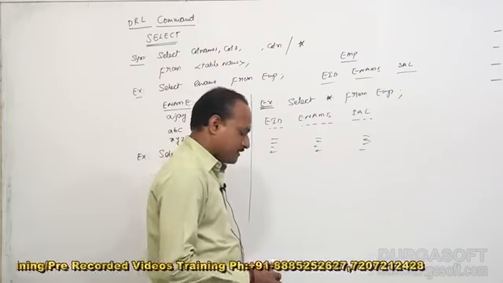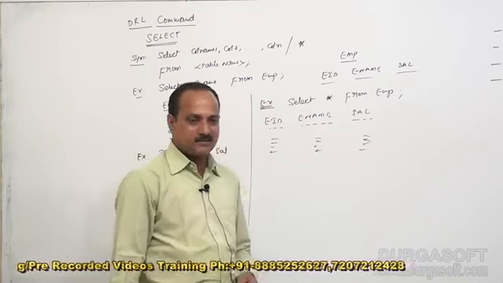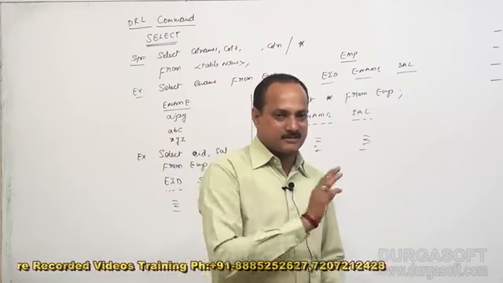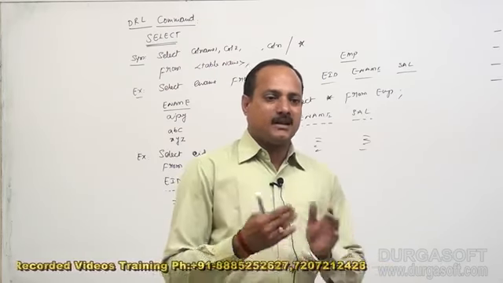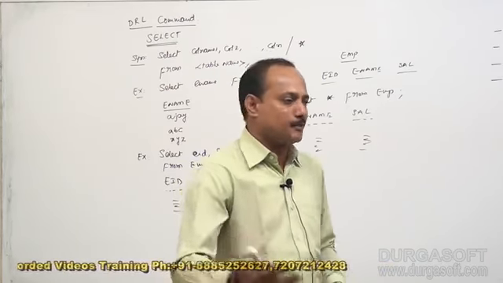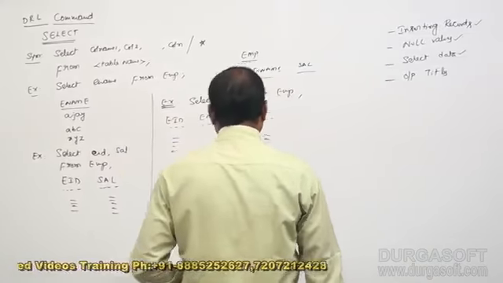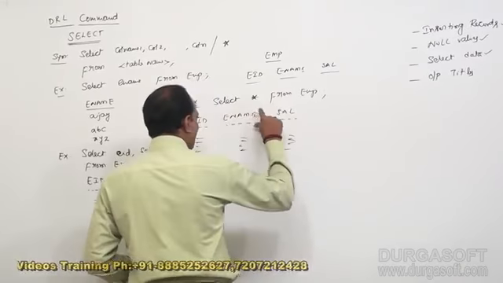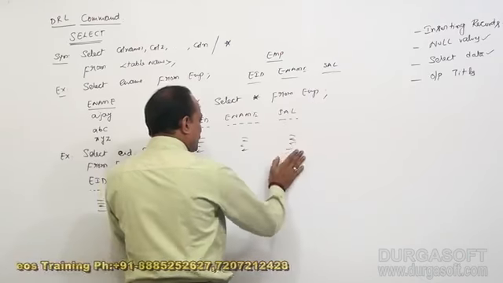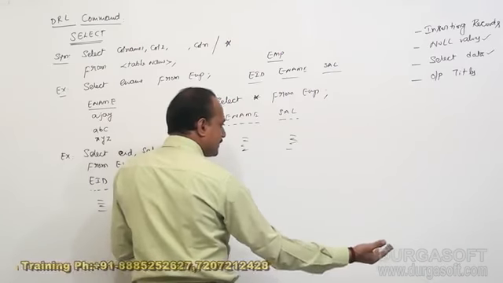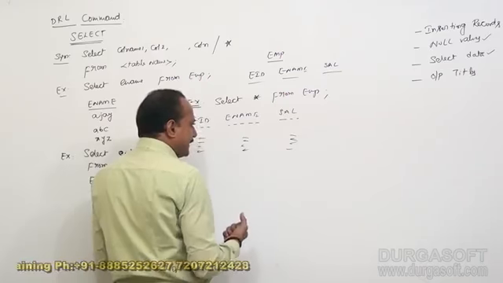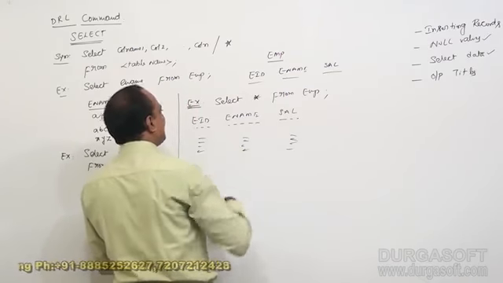Okay, but I don't want to see the data like this. I want to see salaries first, next employee ID, last employee name. Actually this is the physical order of the columns; in this order they are stored in the database. But while displaying data, I want to see a different order.